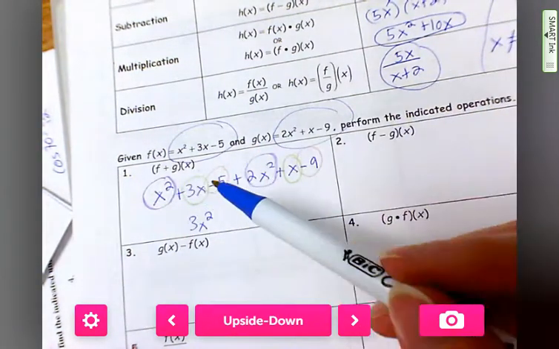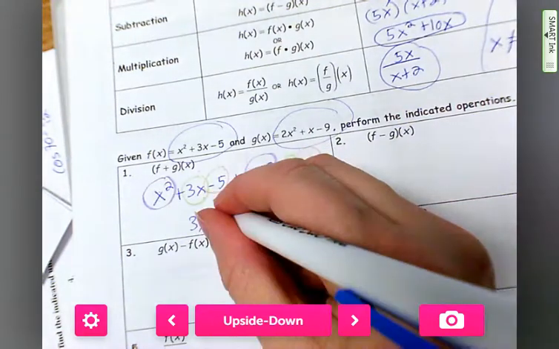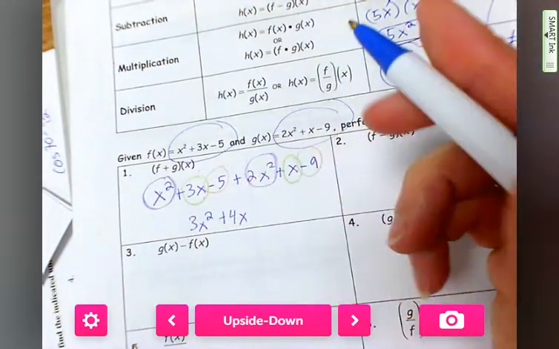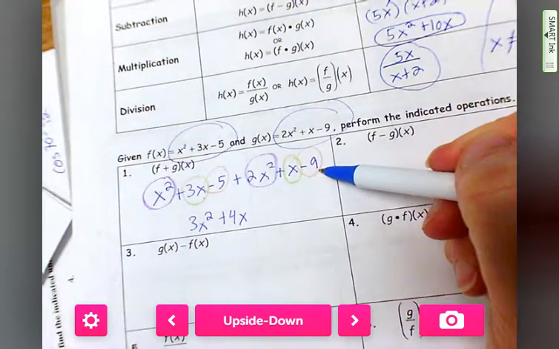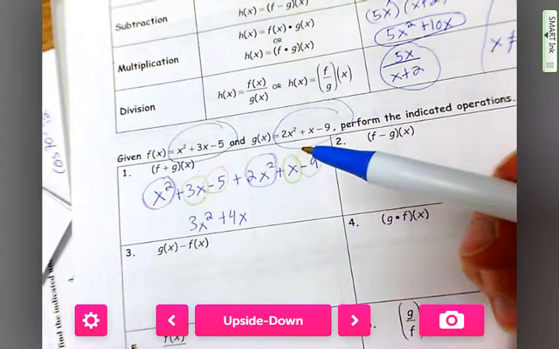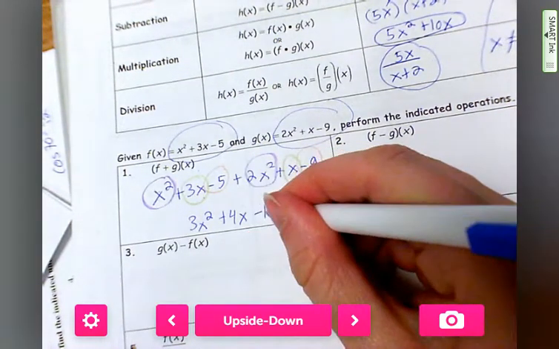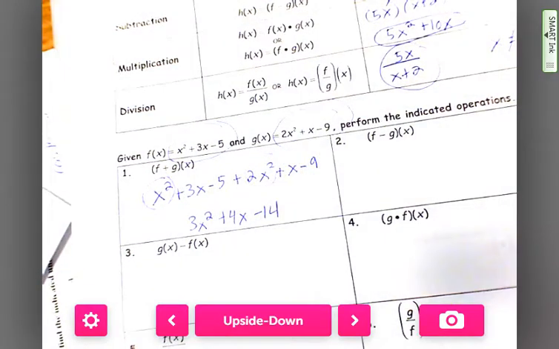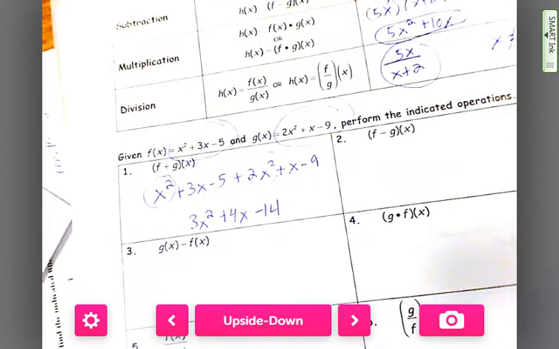Green ones next. 3x plus x gives us 4x. And then negative 5 and negative 9. So I've got negative 9, 10, 11, 12, 13, 14. Negative 14. We okay with that? So we're just putting those like terms together. Just make sure if they're both negatives or both positives or whatever, we keep them.